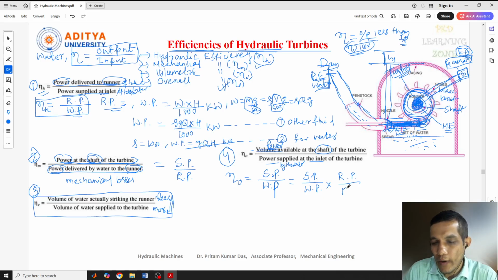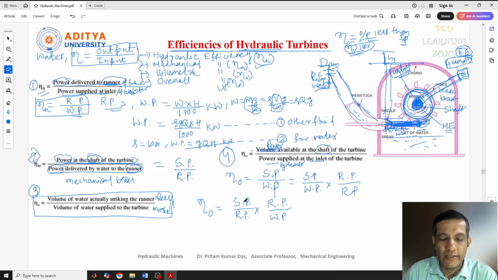So overall efficiency equals shaft power divided by runner power, into runner power divided by water power.